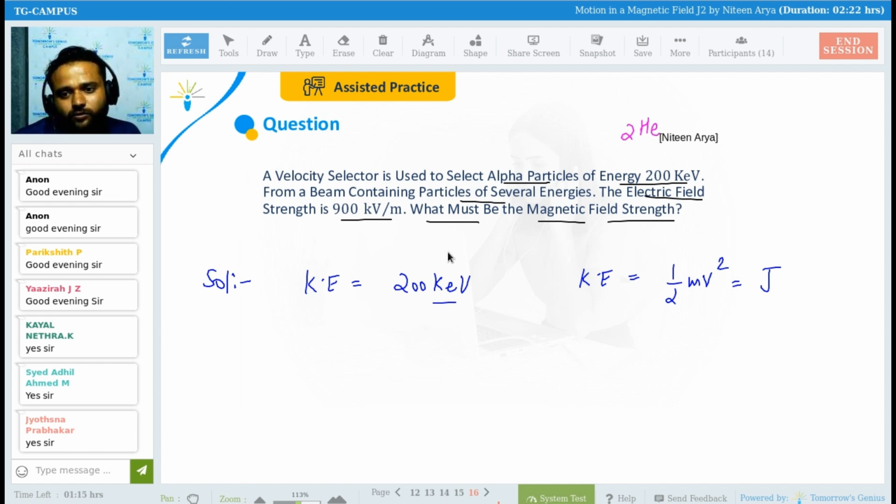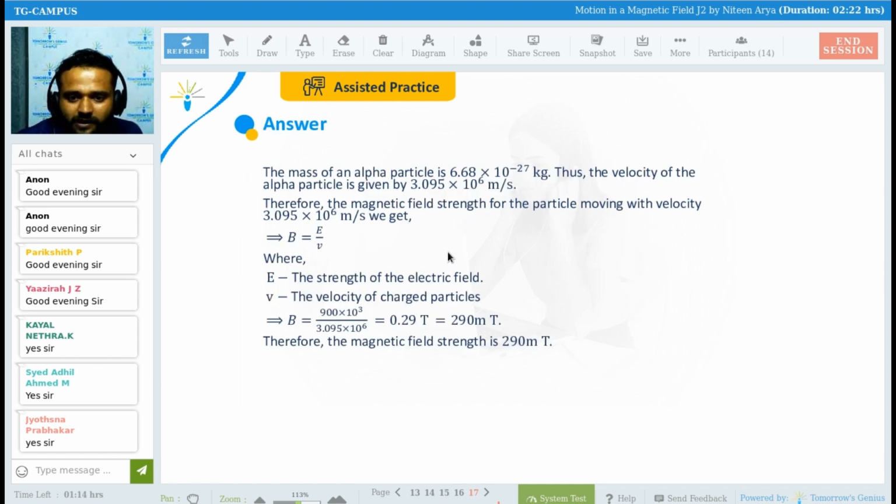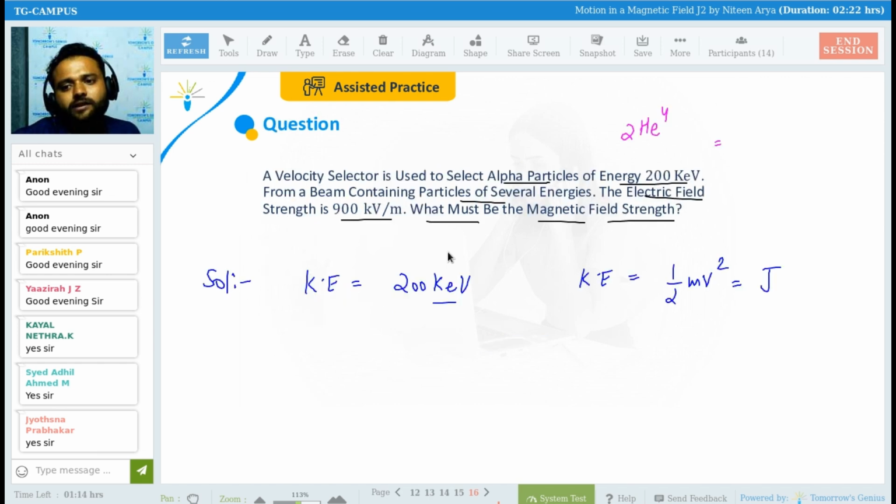This is your alpha particle, 2 He4. So simply the mass of 2 helium, and what is it? Mass of 2 electron. Okay, let me check. Yeah, the mass of alpha particle, 2 protons, or 4, it is 1.67 into 4. 1.67, 4 sevens are 28, 4 fours are 16.